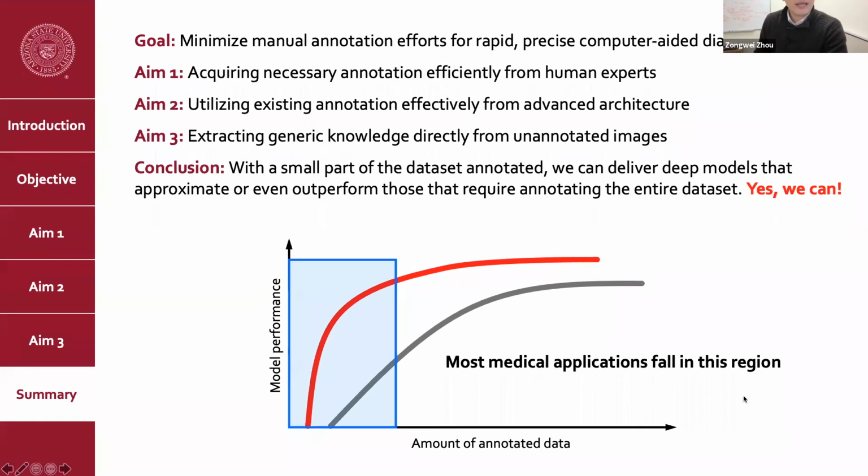Therefore, most medical tasks will fall into this blue area. And essentially in this area, the red learning curve, which we have achieved, represents annotation-efficient deep learning, and it can truly make a huge difference compared with conventional deep learning approaches.